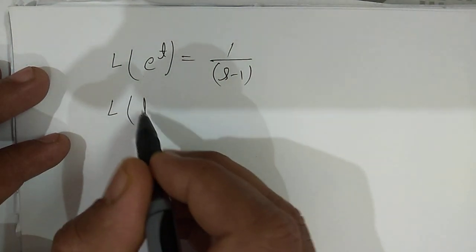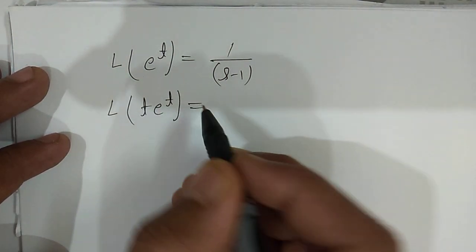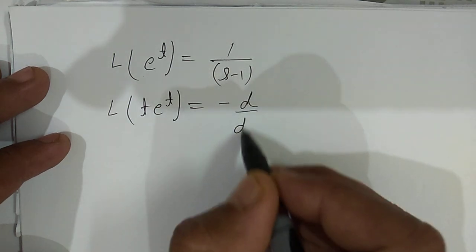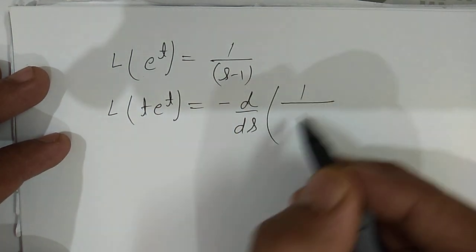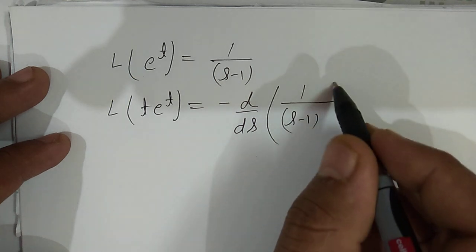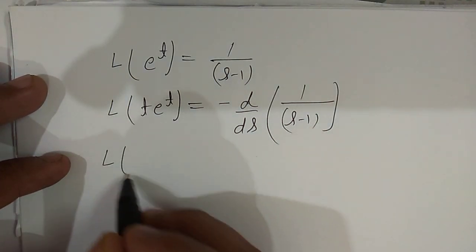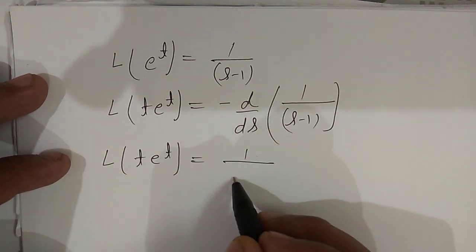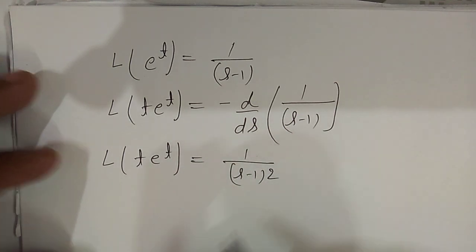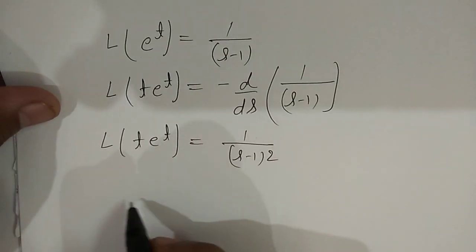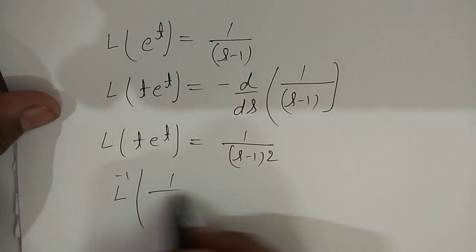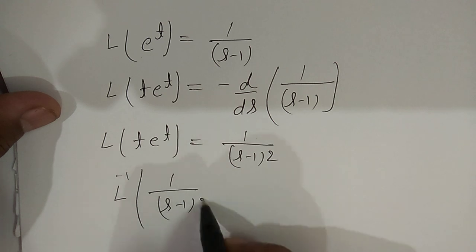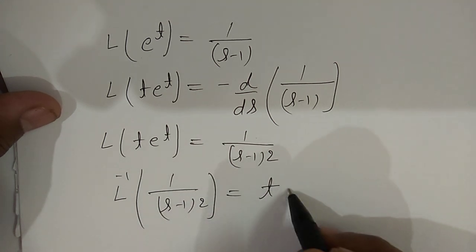Then Laplace of t e^t equal to minus d by ds of 1 upon (s - 1). So Laplace of t e^t equal to 1 upon (s - 1)². Then we have inverse Laplace of 1 upon (s - 1)² equal to t e^t.